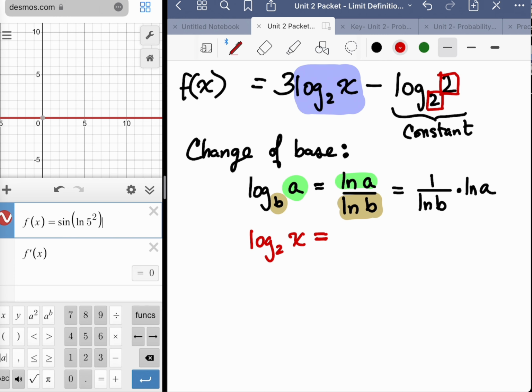So anyway, log base 2 of x, the a is being replaced with an x, and the b is getting replaced with a 2. So this can be thought of as natural log of x over natural log of 2, or 1 over ln 2 times ln of x.